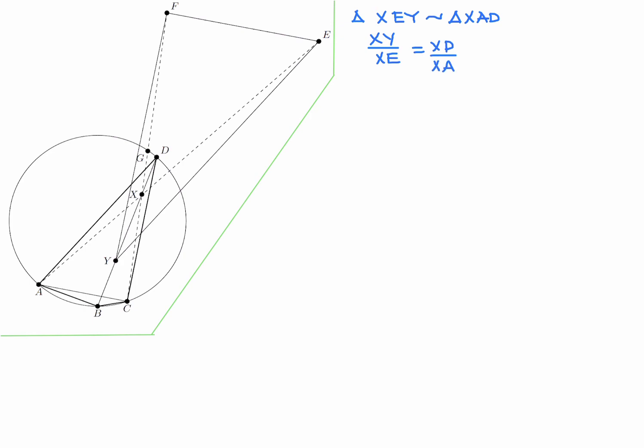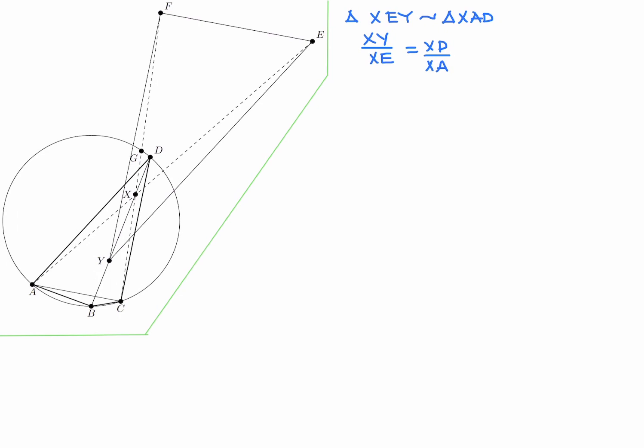We have another similar triangle situation, and that is triangle XEF is similar to triangle XAC. From that, we get that XF over XE is the same as XC over XA.